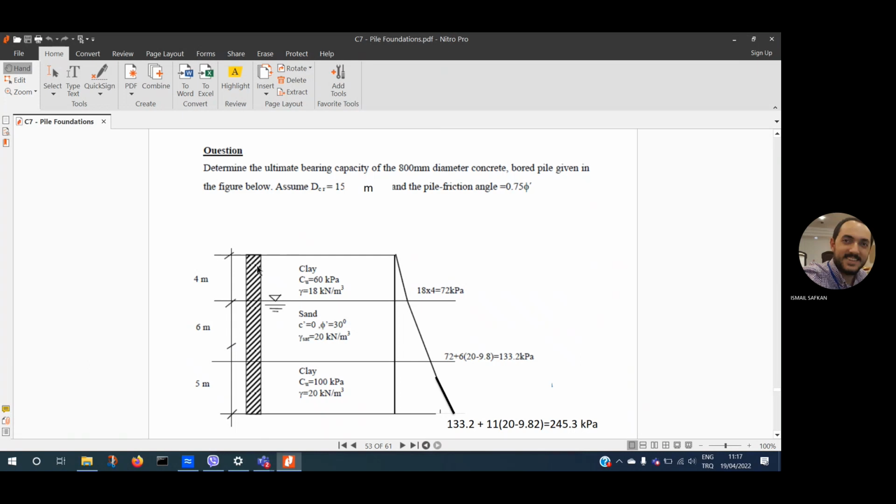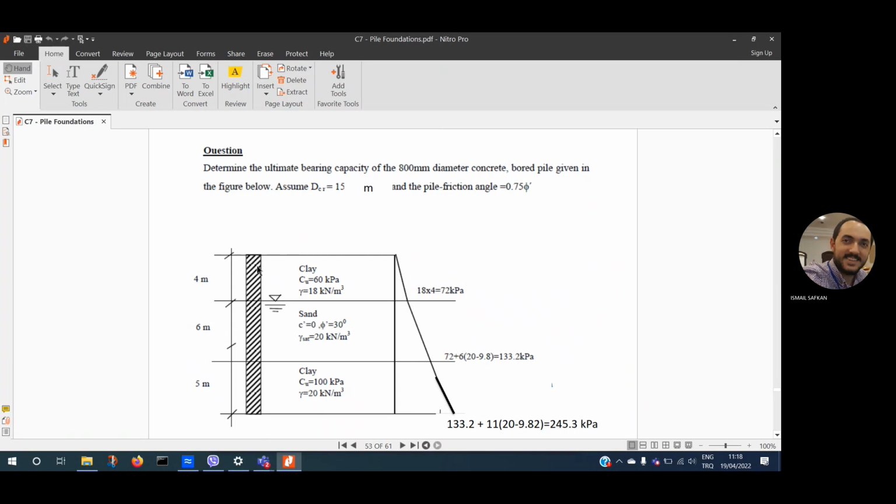I remember telling you, if you have a saturated sand, simply neglect the shaft resistance, right? The shaft resistance around the pipe. So it says, find the capacity of this pile if the diameter is 80 centimeter, bored pile, and with these soil properties.